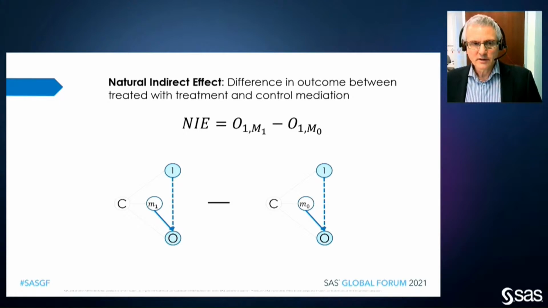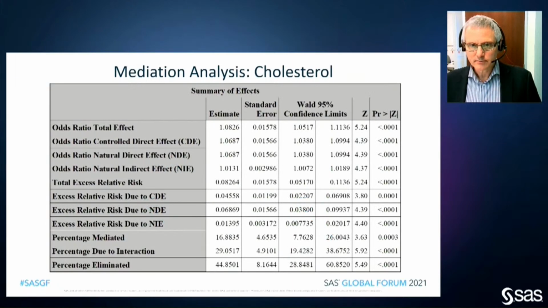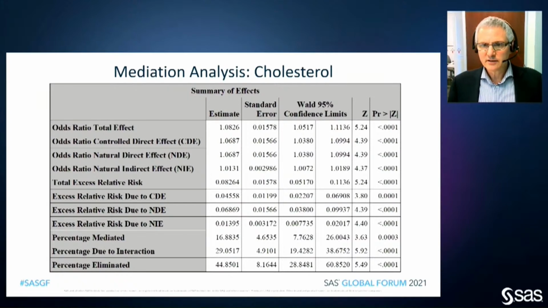So now the arrow from treatment to outcome is dashed, and it cancels out in this subtraction. So all that we are left with is the indirect effect from the mediator to the outcome. Total effect is equal to the sum of the natural direct and the natural indirect effects.